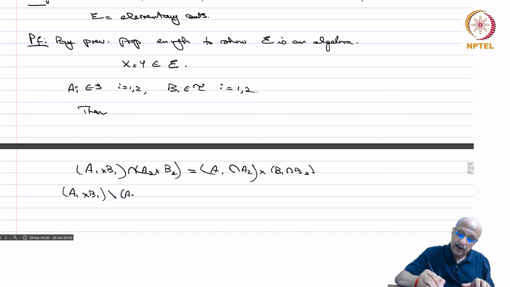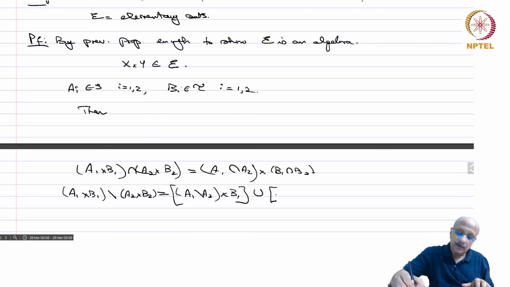minus A2 cross B2, this is equal to A1 minus A2 cross B1, union A1 intersection A2 cross B1 minus B2.